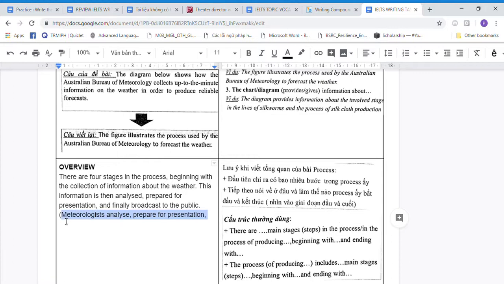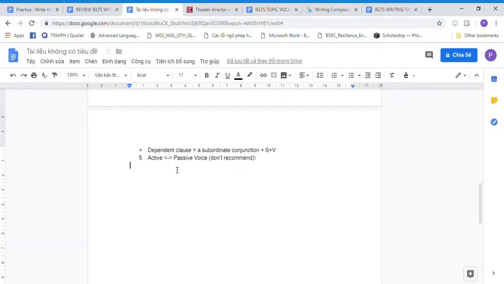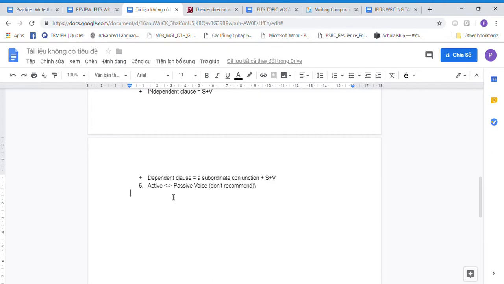So you have to change. Anyway, it's just an example of active and passive voice, but it is used mostly like... I don't recommend using it in the IELTS writing test too.